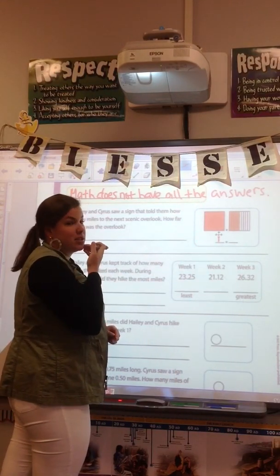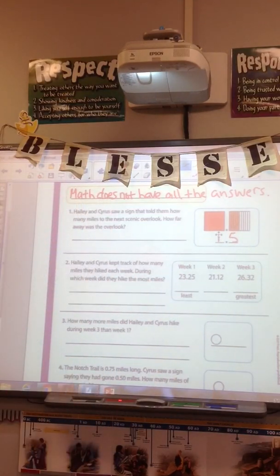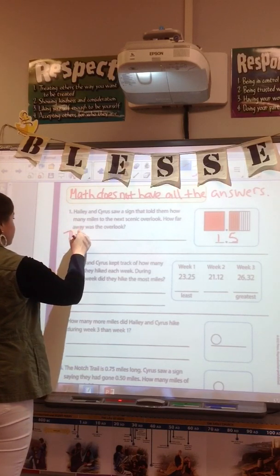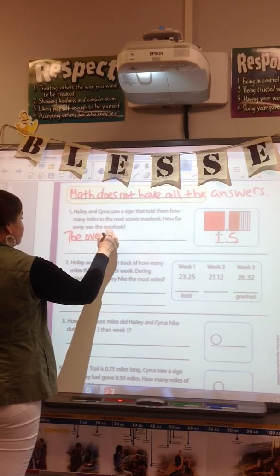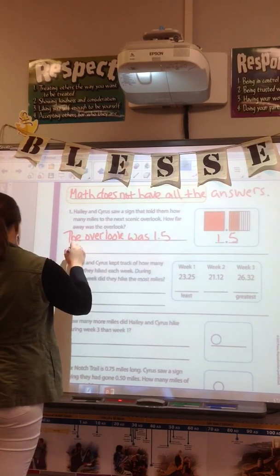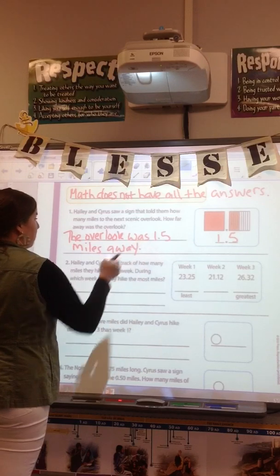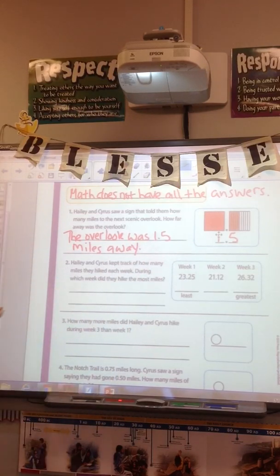And how many tenths? 5. So, the overlook was 1.5 miles away.